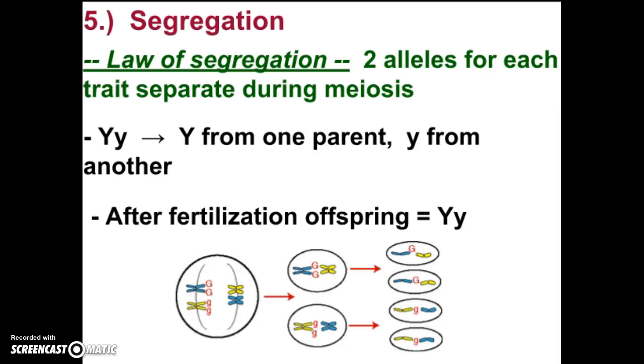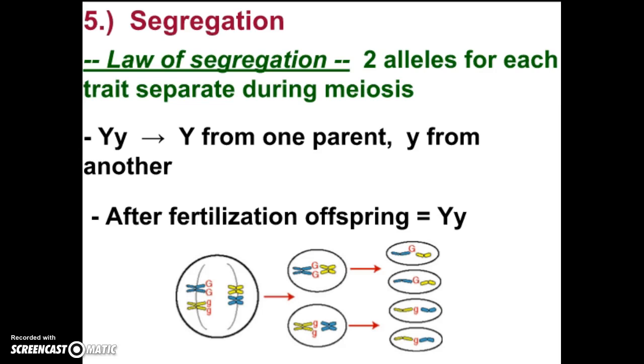After Mendel concluded his experiments on monohybrid crosses, when he started to look at his results, he actually developed the law of segregation, not understanding anything about the process of cell division or meiosis, not understanding what chromosomes were, not ever using a microscope.